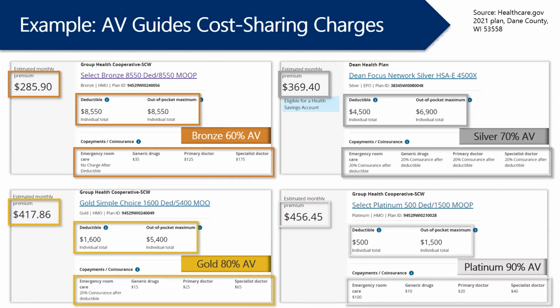So comparing the cost sharing charges for a visit to a primary care doctor, you'll see that the co-payments differ pretty widely depending on the AV level of the plan. For someone enrolled in this bronze plan, their visit to the primary care provider will cost them $125, which is their co-payment for the visit. While a person enrolled in the platinum plan who goes to see the same primary care doctor for the same service would only pay $20 as their co-payment.